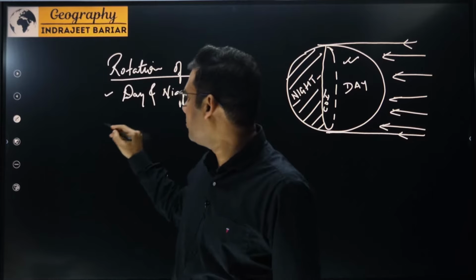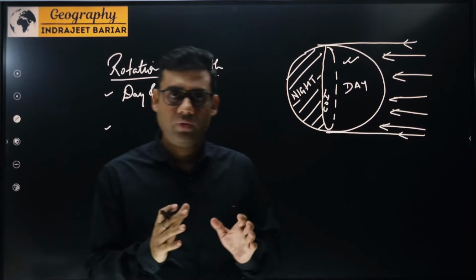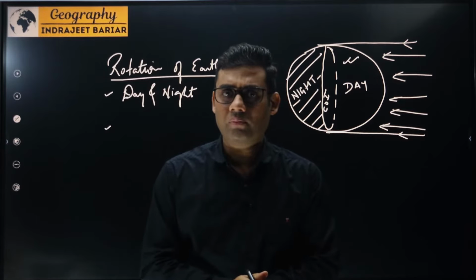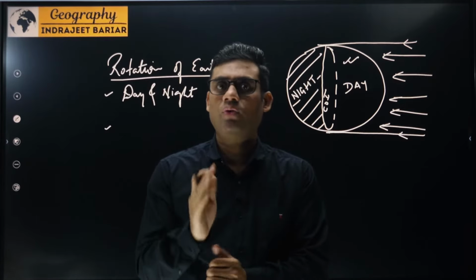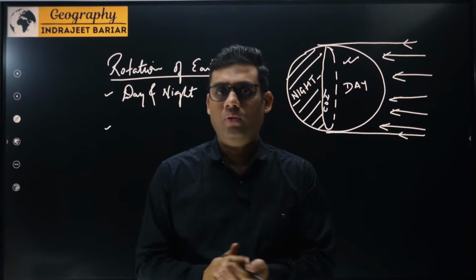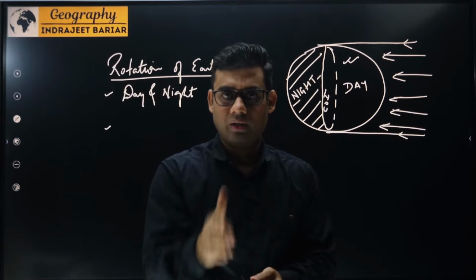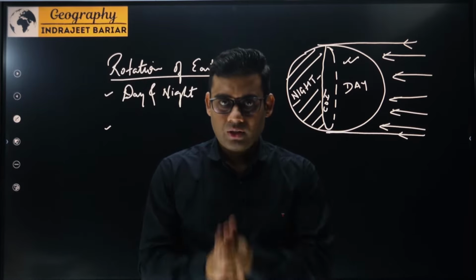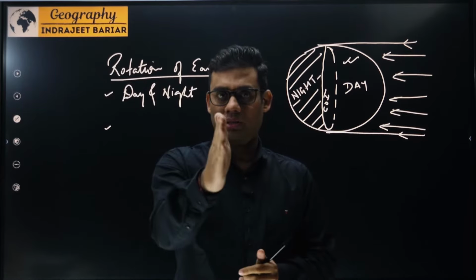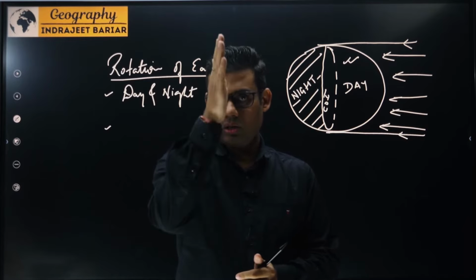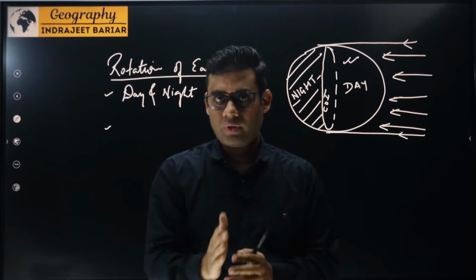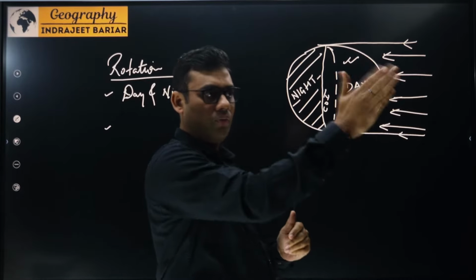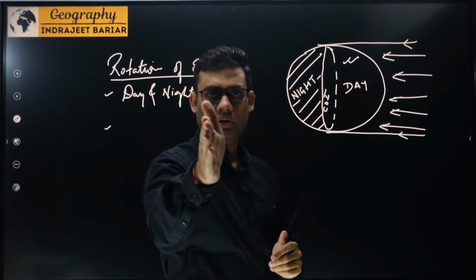The second effect produced by the rotation is with the concept of time. So how do we follow time? It is based on the 12 noon concept. 12 noon is when any place faces the sun directly. So again, I'm facing the camera directly. In this case, for me, this is the sun, and so for me it is 12 noon. But as the rotation happens, I'll move here, and so now I'm facing over here, not here.